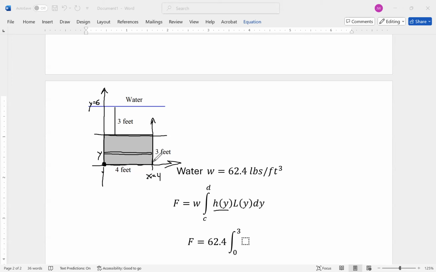The length of the rectangle is going to go from x equals 4 on the right-hand side to x equals 0 on the left-hand side.